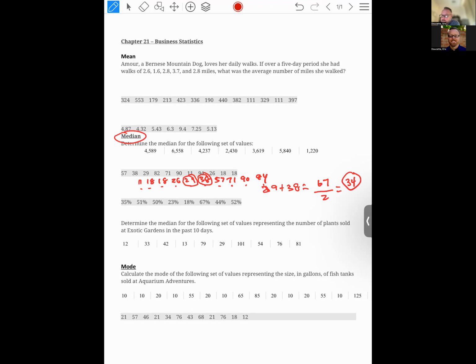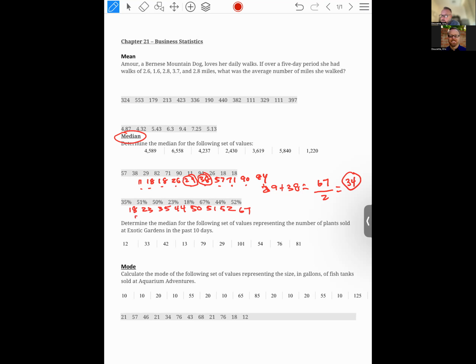So again, we have numbers here. We have 51, 35, 23. So we'll do the same thing. We'll do 18. Then we have 30, 23, 35, 44, 50, 51, 52, and 67.